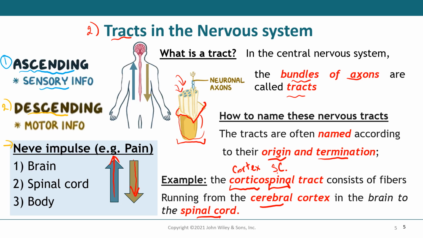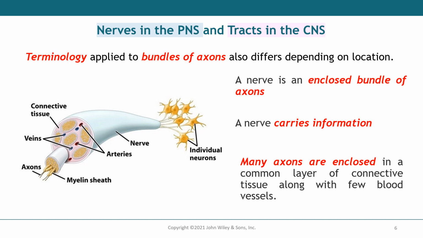Okay, so now let's talk about the difference between these names in the peripheral nervous system and in the central nervous system. Remember, in the peripheral nervous system, this bundle of axons is called a nerve, while in the central nervous system it is called a tract. So the terminology differs depending on the location.